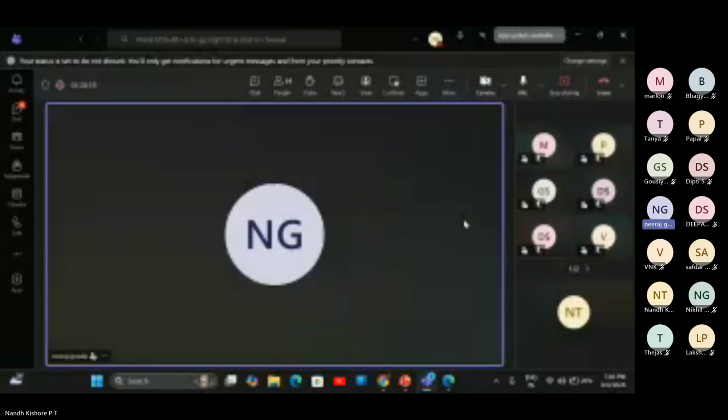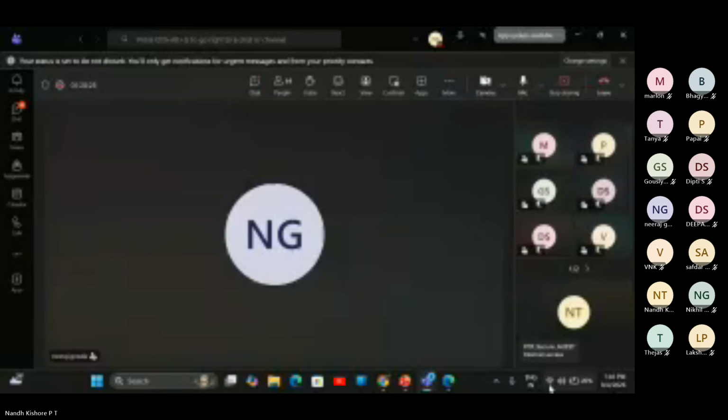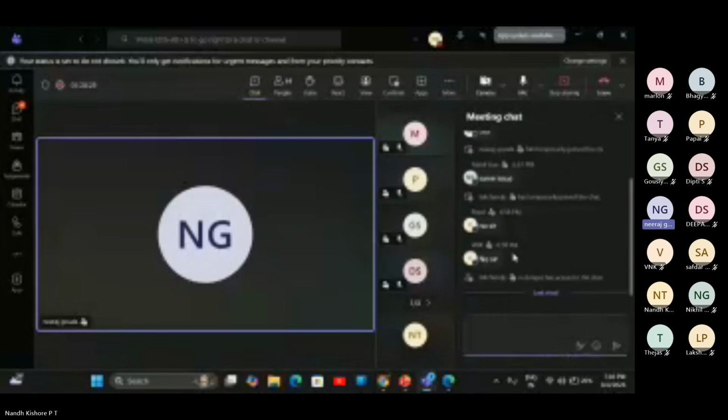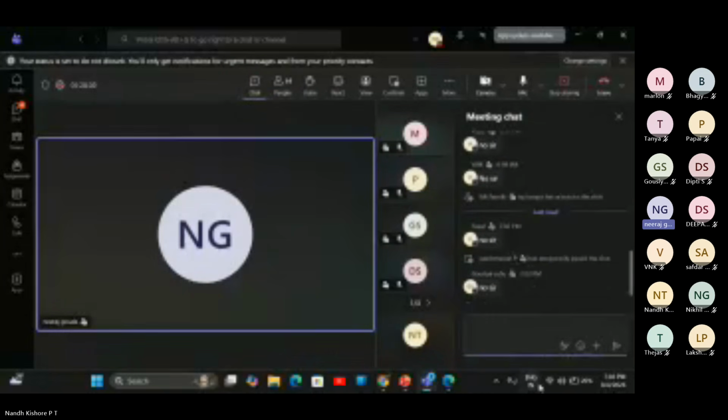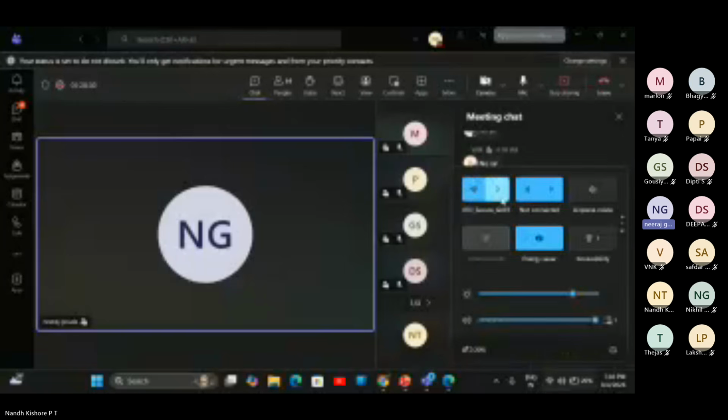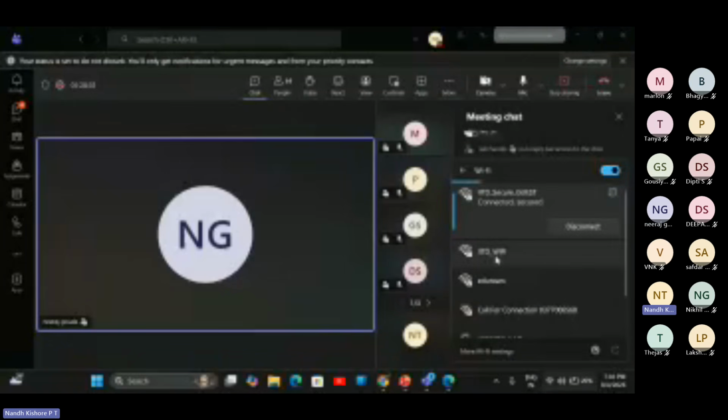I think some internet issue. Because of that, the screen is not loading properly. But all of you cannot have internet issues, right? We are having a proper internet. From your side, the screen is not loading. See, actually, I'm also connecting from my institute Wi-Fi only.